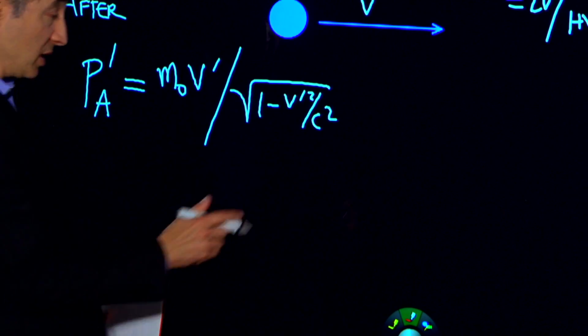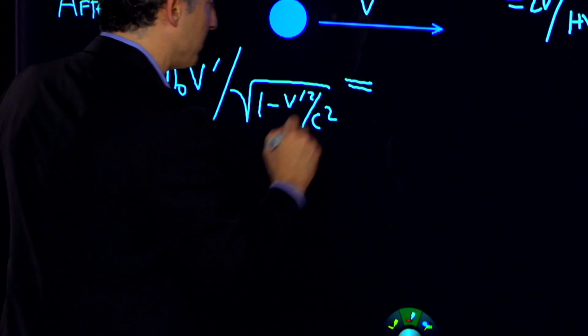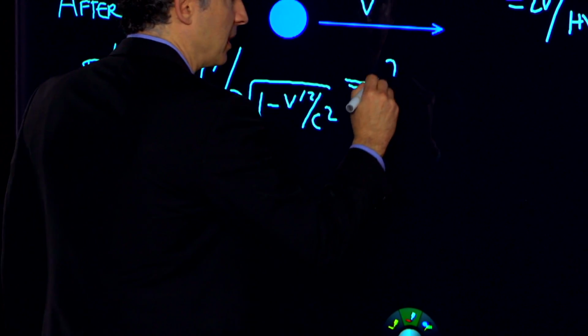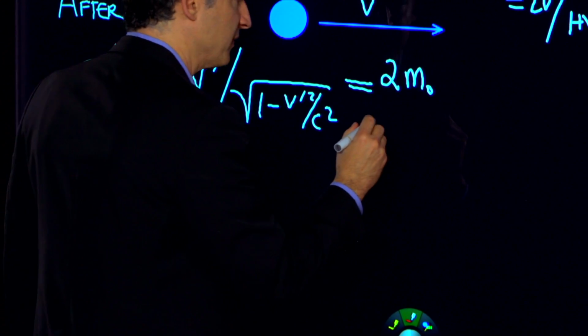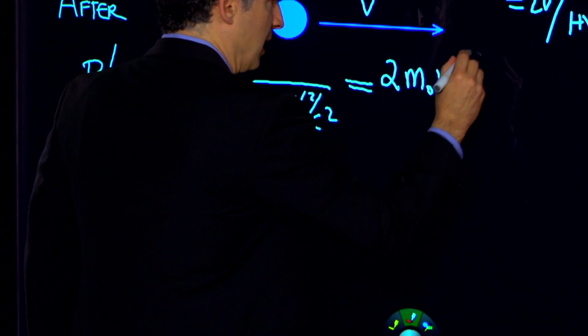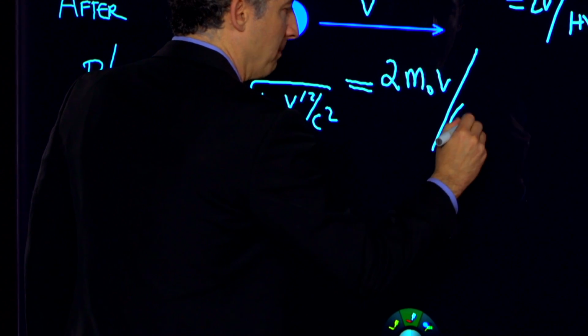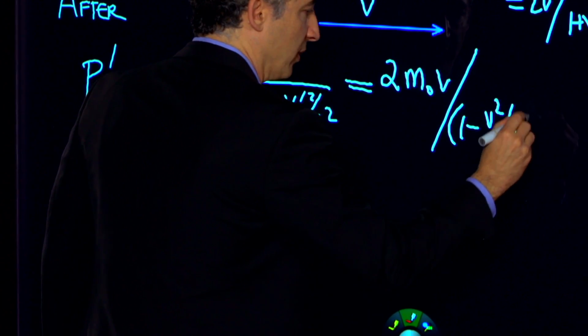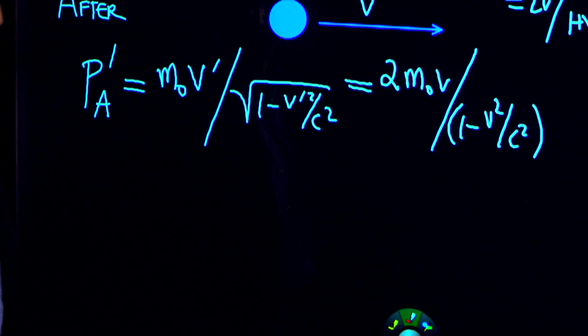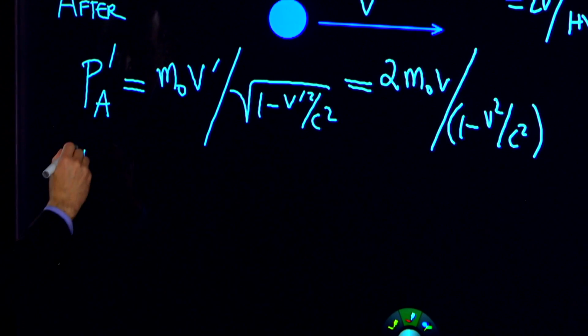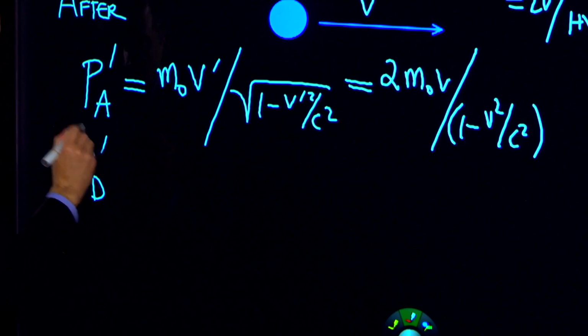And I'm going to leave it to you to do the algebraic simplifications, a couple of lines of algebra, not hard. You'll find that the momentum of particle A in terms of v is 2m naught v divided by 1 minus v squared over c squared. OK, that's the momentum of particle A. What about the momentum of particle D?